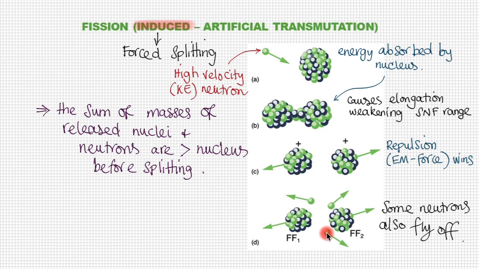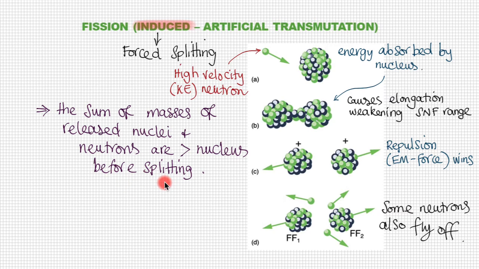Now, in order to find out how much energy could be released in this type of transmutation, this is one nuclear reaction, or the splitting of one nucleus or one atom. We can find the energy released because we can use the mass equivalence relationship, and that is the sum of the masses of the released nuclei and neutrons is greater than the nucleus before splitting.